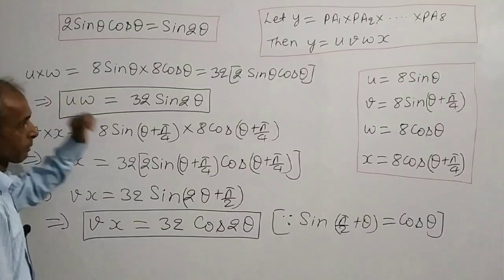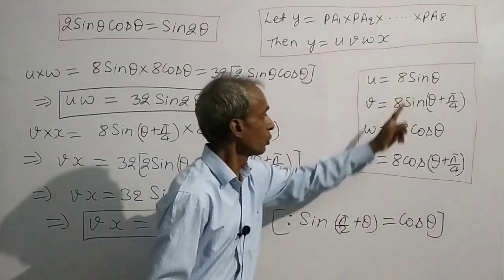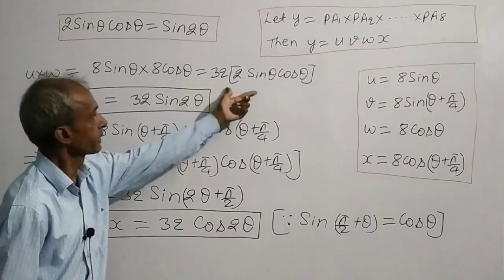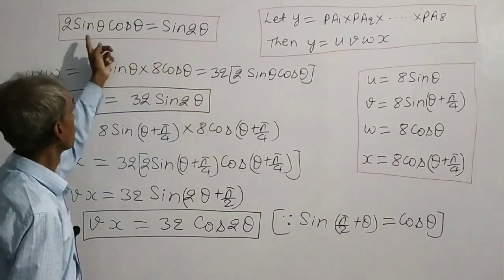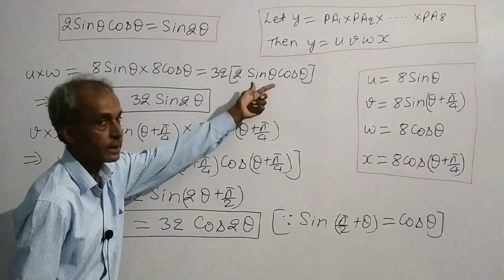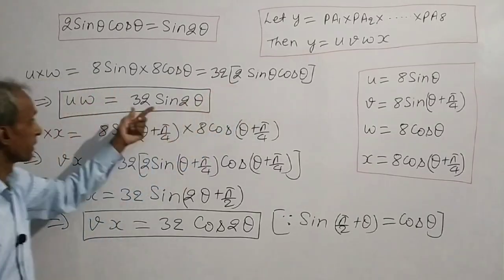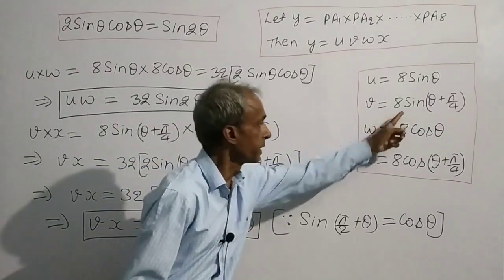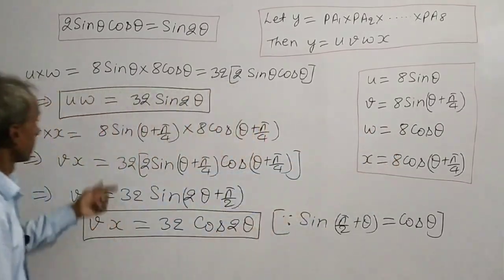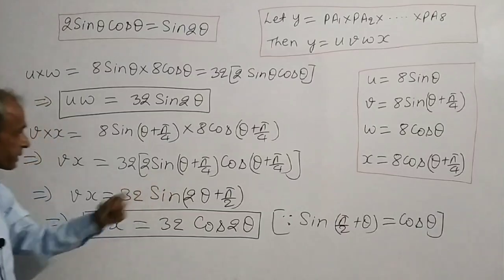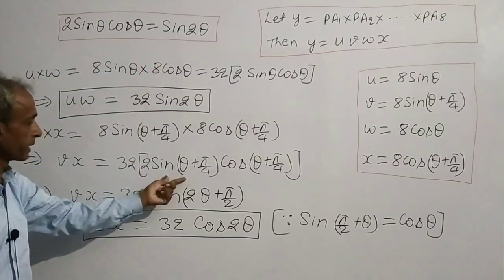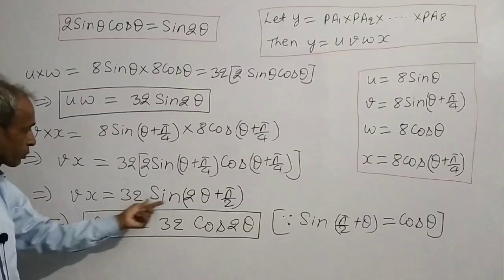U times W is equal to this. When we use this formula inside this bracket, then we get this V times X. This V times this X is equal to this. When we use this formula, then this becomes equal to this.